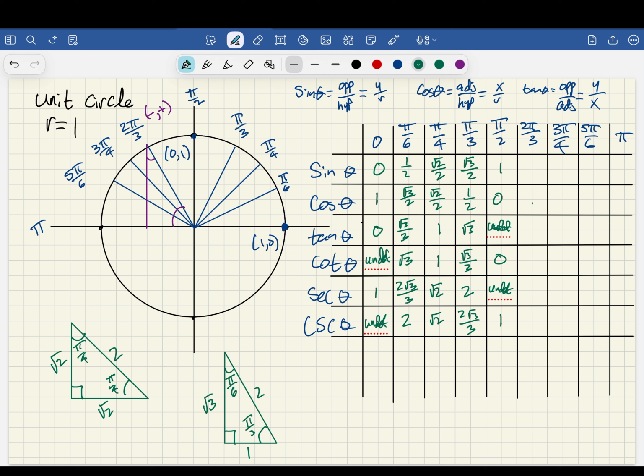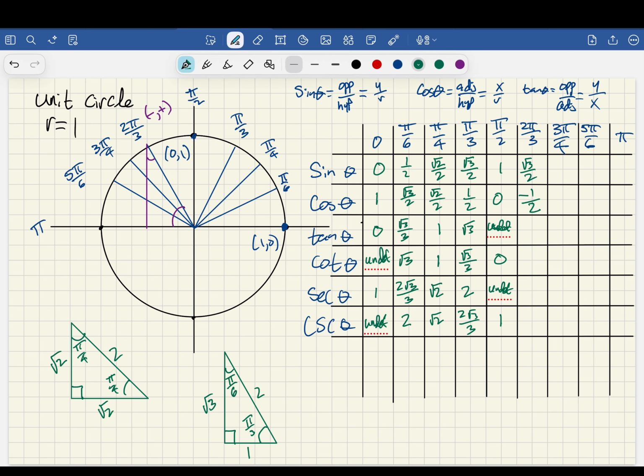So for 2 pi over 3, the sine function value will be the square root of 3 over 2. Opposite over hypotenuse. The cosine value will then be negative 1 over 2. The cosine is negative in the second quadrant because its ratio is x over r, where x is negative in the second quadrant and r is positive.